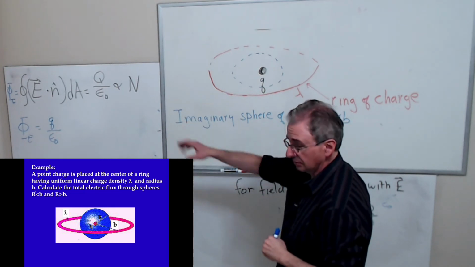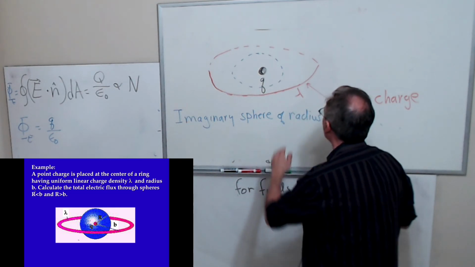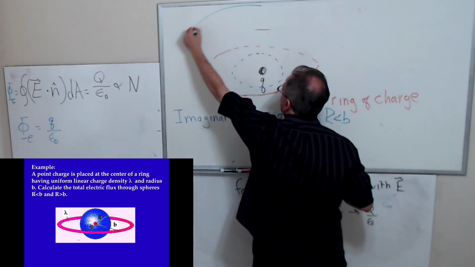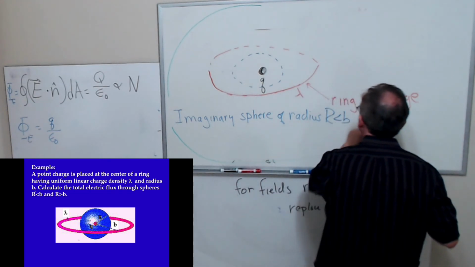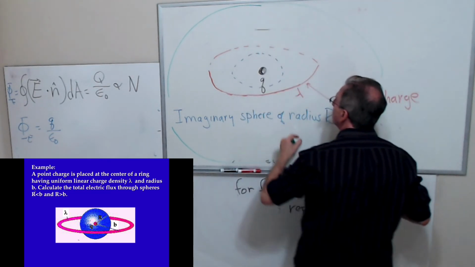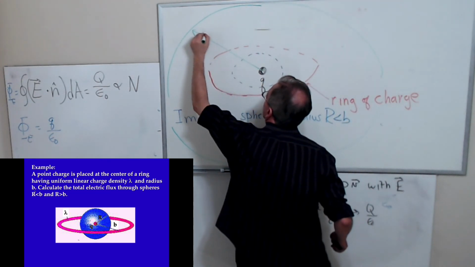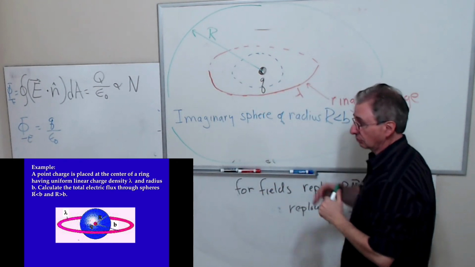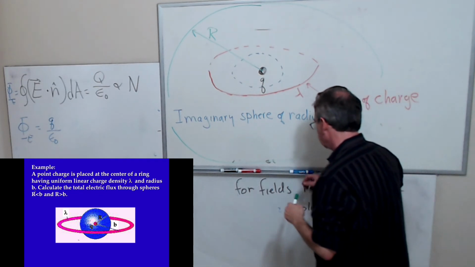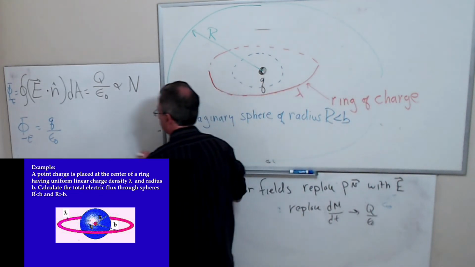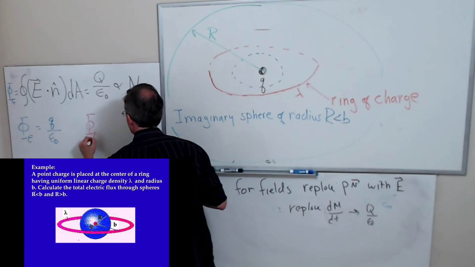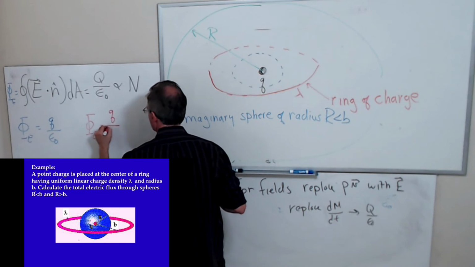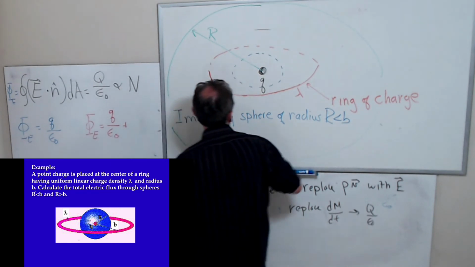Now if I draw another imaginary sphere that's giant, where its radius is bigger than the radius of the ring, then phi is going to be easy to calculate. It's going to be whatever charge I've enclosed inside there. What's the charge of the ring?